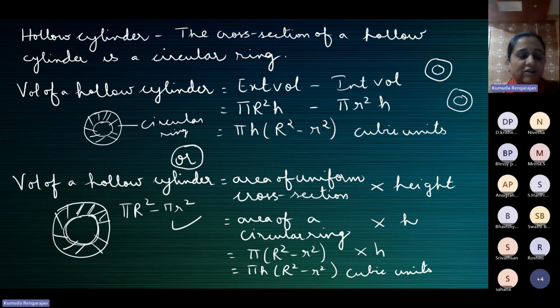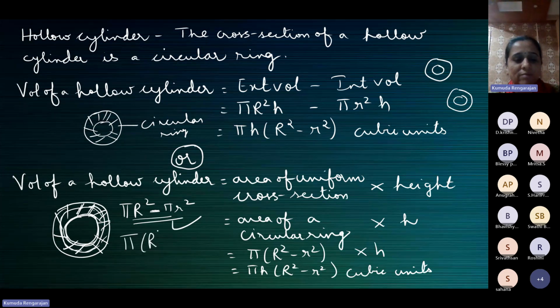This is the area of the shaded region or the area of the ring. On taking pi common, you will get pi into capital R square minus small r square. So this is the formula to find the area of a circular ring, or the shaded region here.